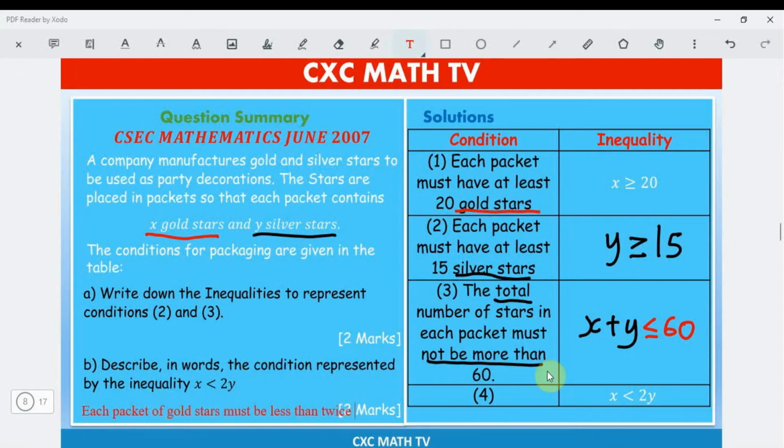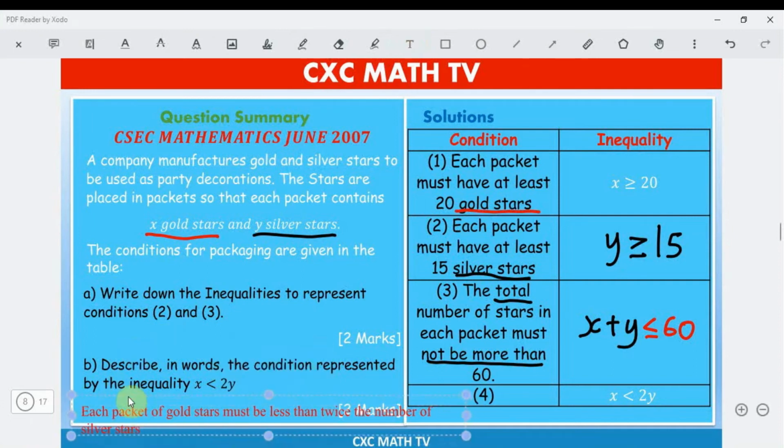Why did I say twice? Notice there's a 2 multiplying the Y. Twice the number of, Y is what again? Silver stars. That's it in words. So each packet of gold stars must have less than twice the number of silver stars. That's all that is saying.